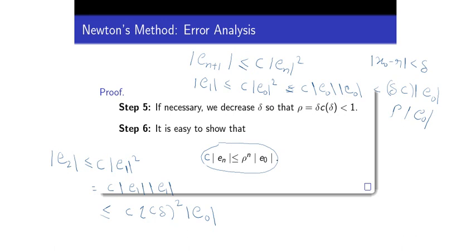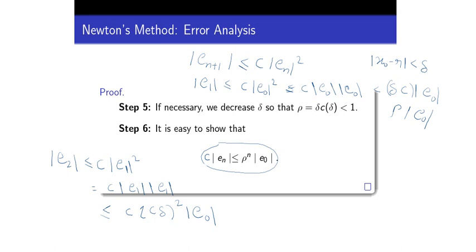Then c times mod e_n is less than or equal to rho to the power n times mod of e naught.